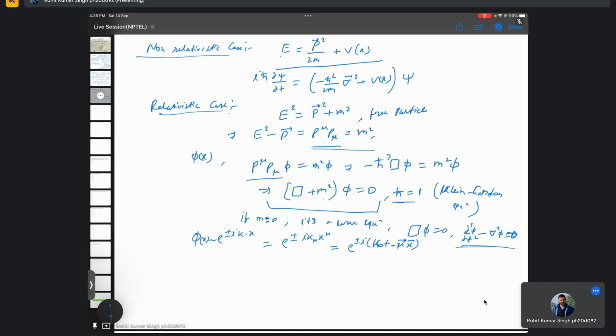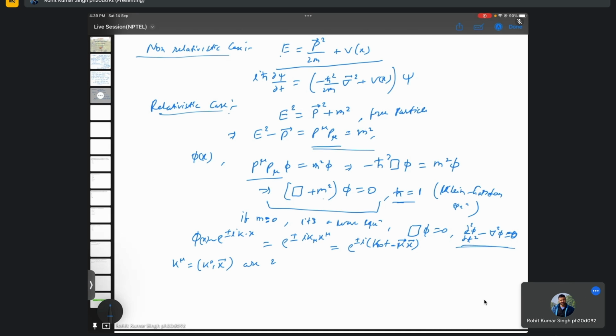Okay, now we can say that these plane waves with k mu are eigenfunctions of this energy-momentum operator.